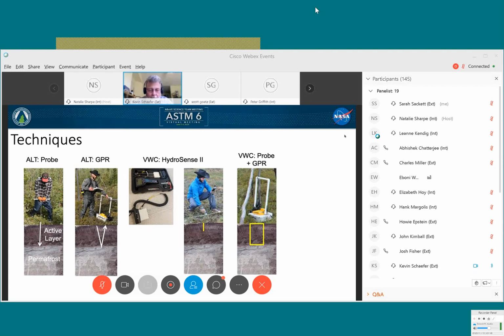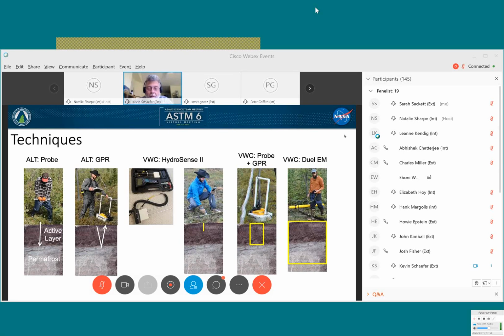We have found that if you combine the active layer probe with the active layer GPR measurements, you can get a wave velocity through the active layer from which you can deduce average volumetric water content throughout the depth of the active layer. We also have used a dual EM. EM stands for electromagnetic.